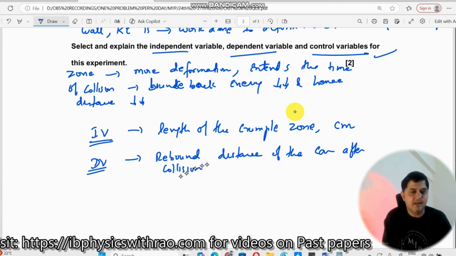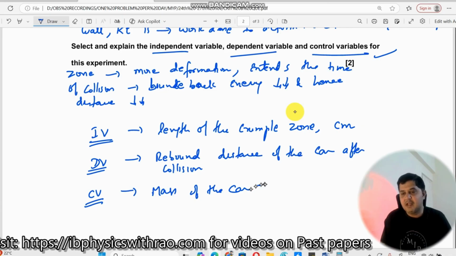After collision, you can mention this also. Then what do you need? Control variable. What's the control variable? Control variable should be mass of the car. Because he is also asking to explain, you need to mention it here. So a heavier car will have a larger momentum.